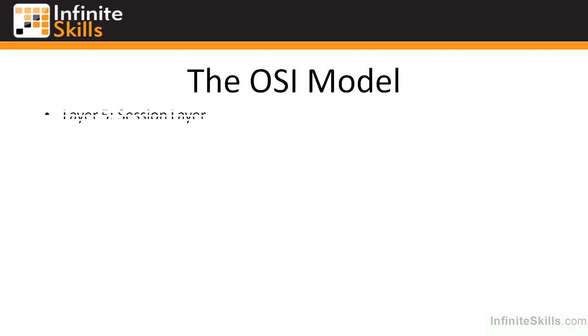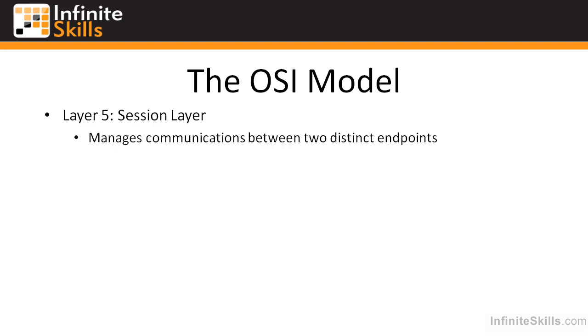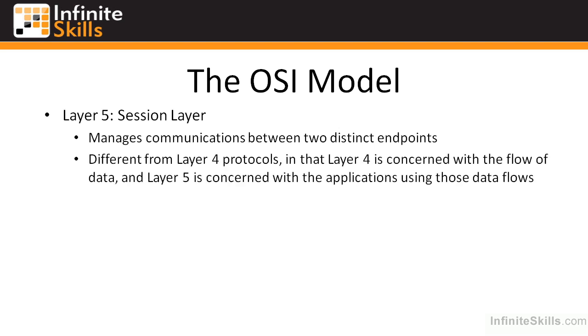Moving right along, Layer 5 is the session layer. Layer 5 manages communications between two distinct endpoints, and it is different from Layer 4 protocols. Layer 4 is really concerned with the flow of the data. Layer 5 is concerned with the applications that use the Layer 4 data flows. Layer 4 gets you there. Layer 5 actually transacts business between two computers.